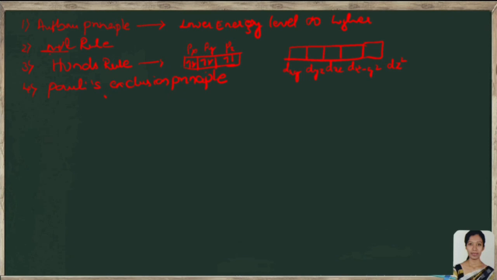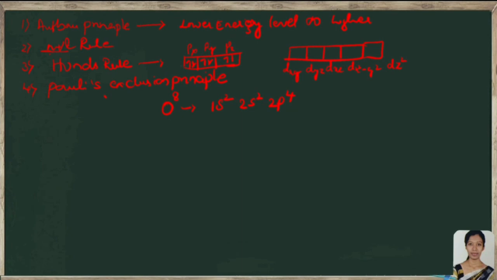For example, take an element oxygen with the atomic number 8. What is the electronic configuration? 1s2 is the lowest energy level. The next highest energy level is 2s2. Next highest energy level is 2p4. In this way, you have filled.